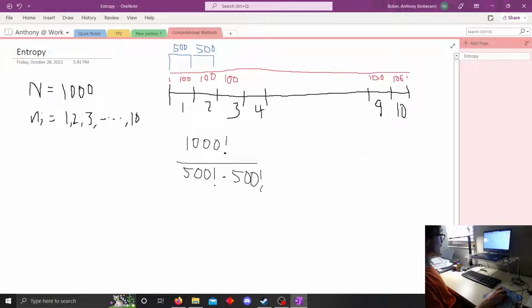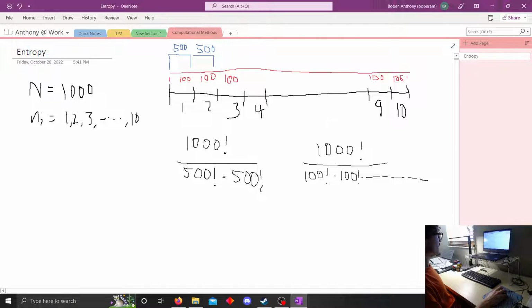For the red data set, we have 1,000 factorial again, since we have the same number of students overall, over 100 factorial times 100 factorial, and we keep doing that 10 times. This is the expression for entropy of the distribution that we use.